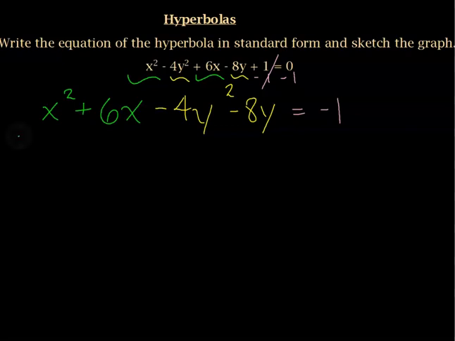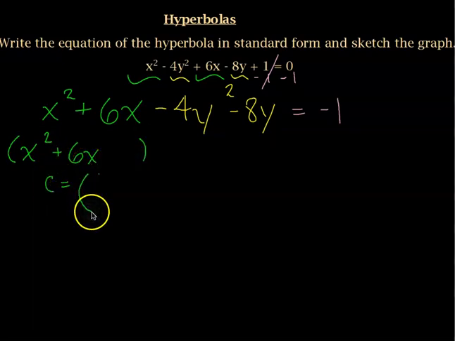Since a is 1, I can start by determining what c is. So there is a formula for c. C is equal to b over 2 squared. So we're treating each variable like its own equation where we're completing the square. So in this case, b would be 6.